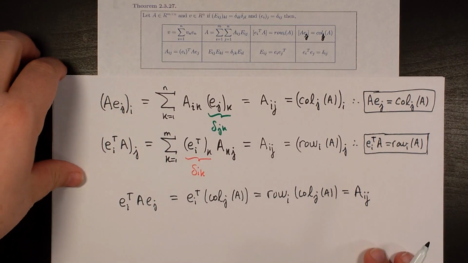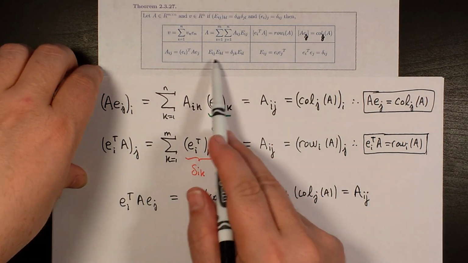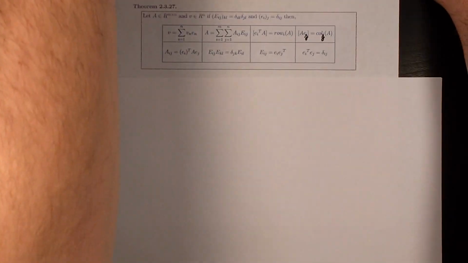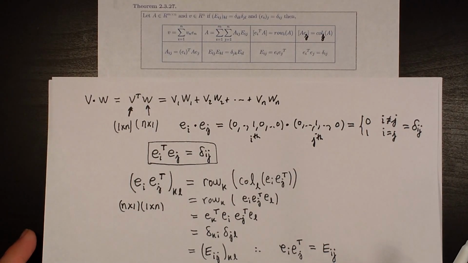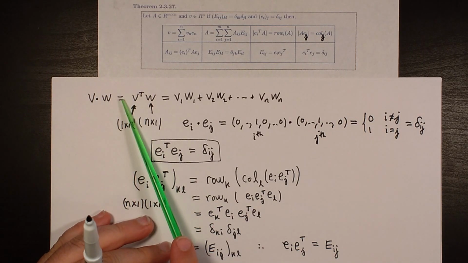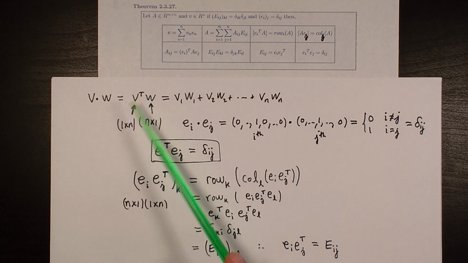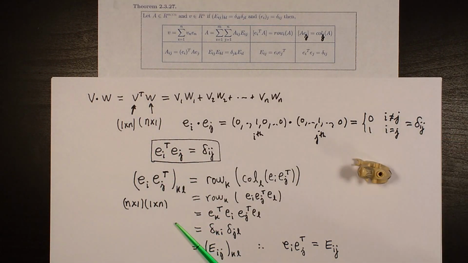Another thing I should mention: I'm going to skip over to these guys, and then we'll do that one last. I wrote this out before, I'll just walk through it again. If I take the dot product of two vectors, I can rewrite it as a row-column multiplication, which gives you a dot product.